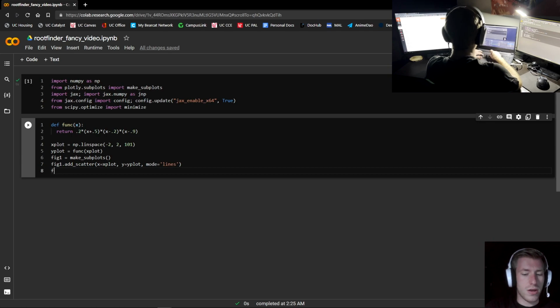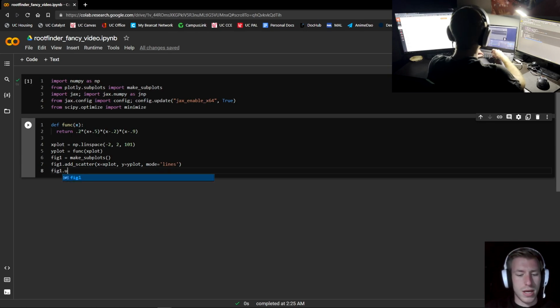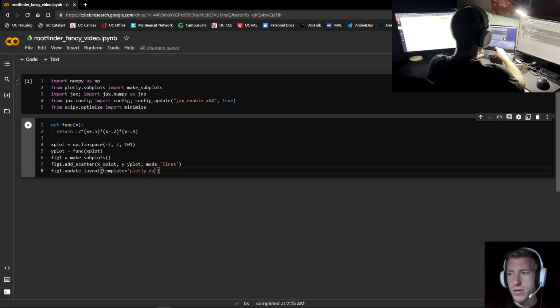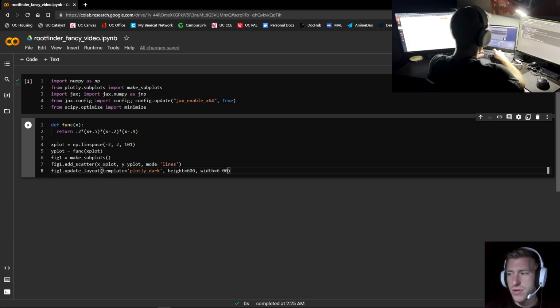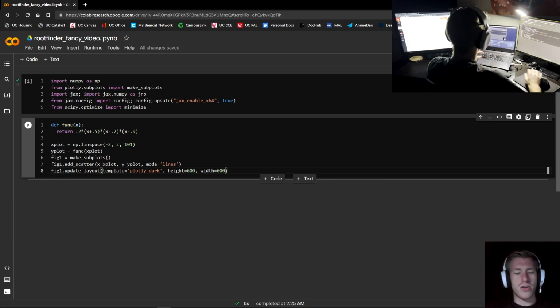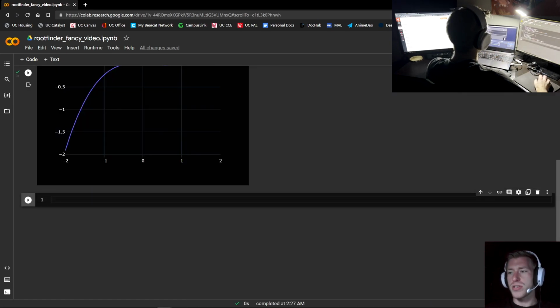I guess we'll just go fig1.update_layout, and we're going to say template is going to be equal to plotly_dark. Height is going to be equal to 600, and then our width is going to be 600 as well. So this is just our standard plotting stuff. This is just so we can actually see what our function looks like.